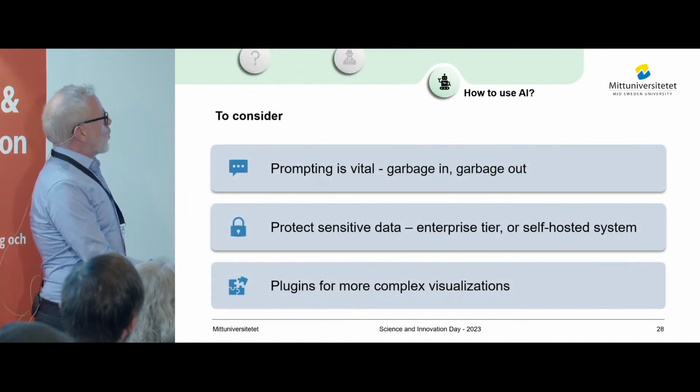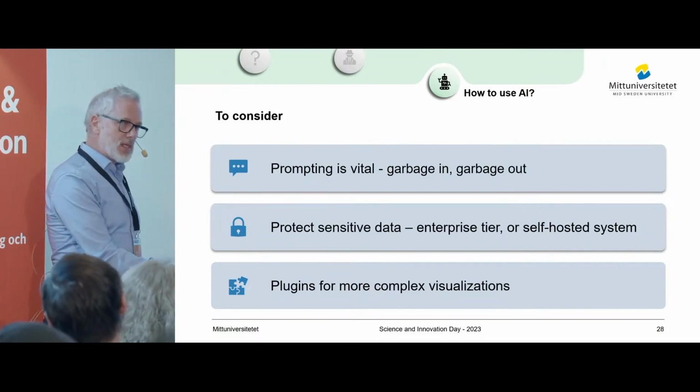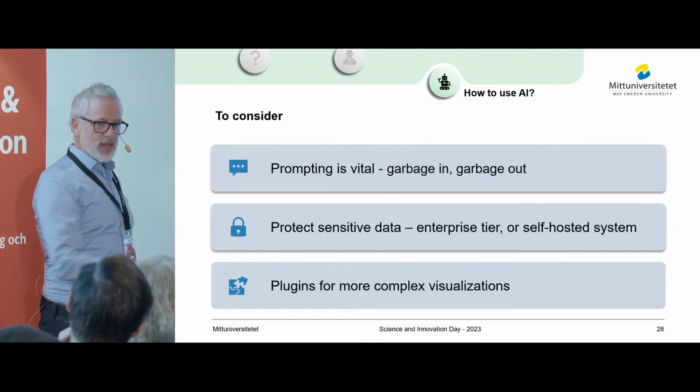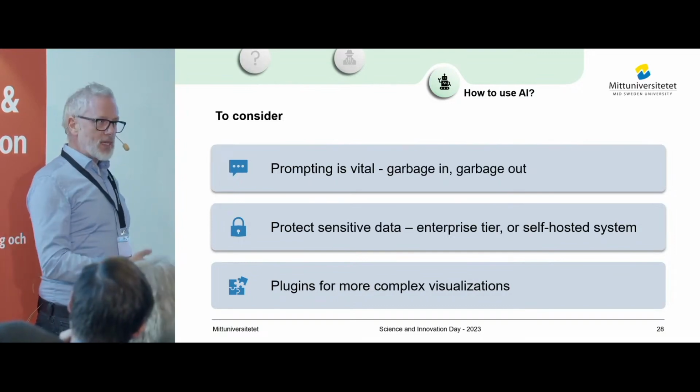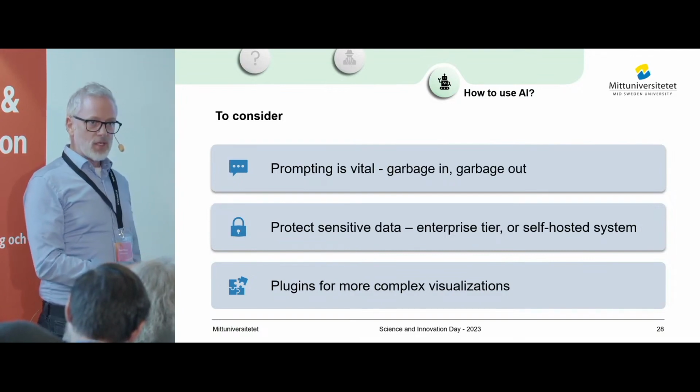So what to consider in this case, as is always the case when it comes to using these types of tools, is that prompting is vital. That is, what are you asking the model to do? If you're vague, you will get a vague result.